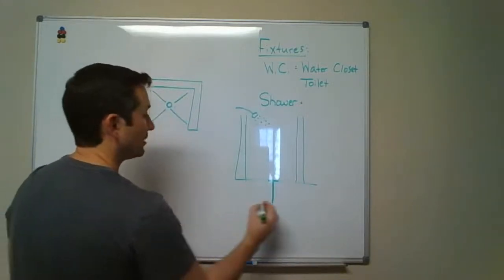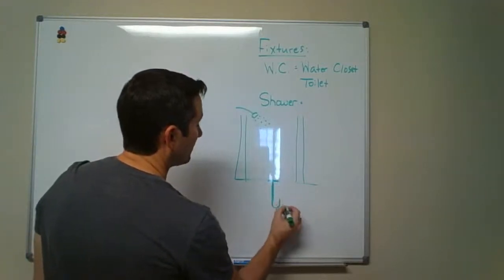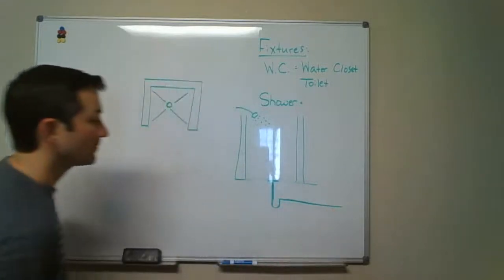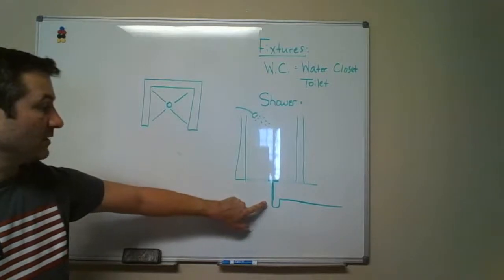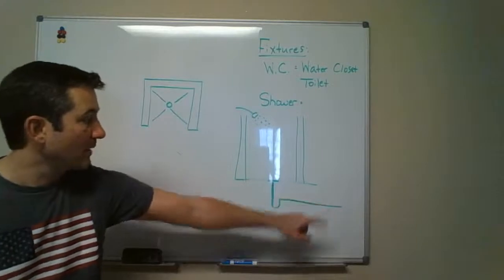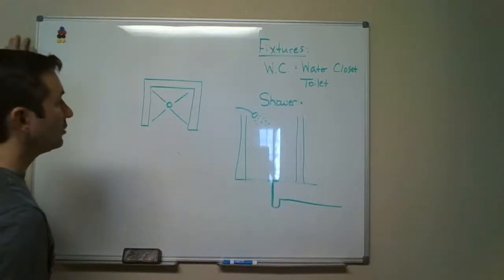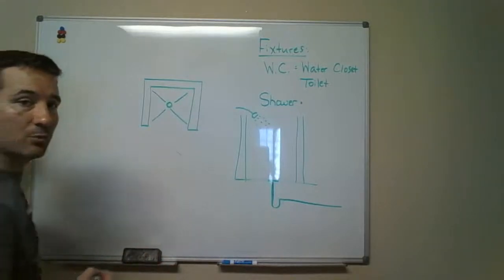Now on the bird's eye, but on the elevation drawing, you would actually see the dip. And maybe I told you to take the trap and go this direction with it. Okay. There's the side elevation drawing perspective of a P-trap underneath the shower drain with the drain pipe heading in that direction. Now, how that's going to look on the bird's eye, if you remember what the symbol for the P-trap was.